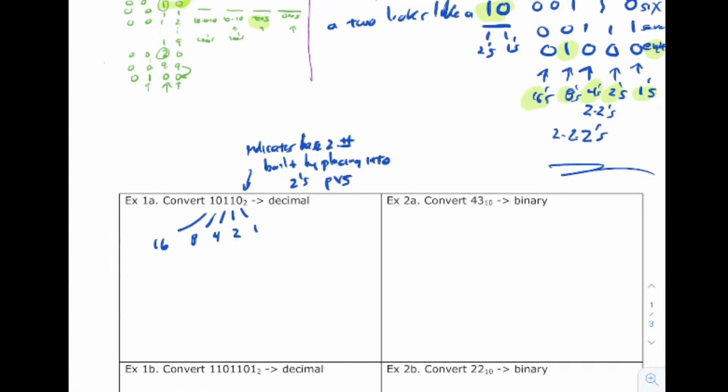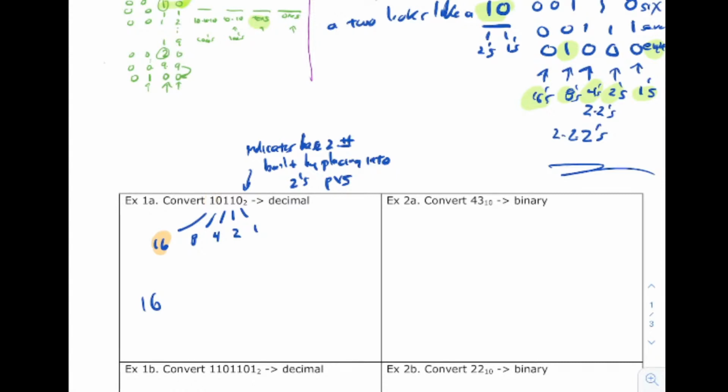Now if I have a 1 in the 16s place, it's because I had 16 marbles or 16 M&Ms, or the wheel over here must have gone around at least 16 times to get that 1 to show up. The 1 in the 16s place means I've got 16.